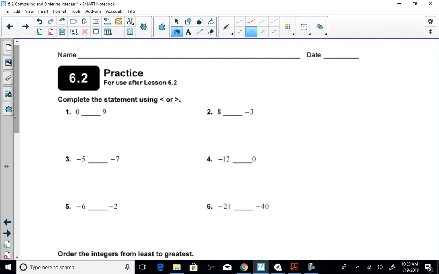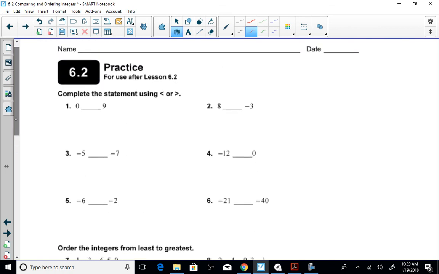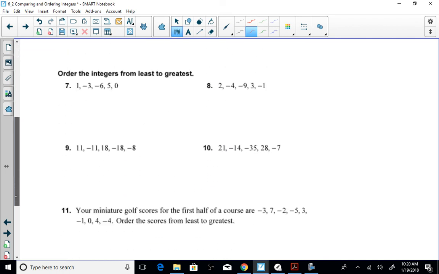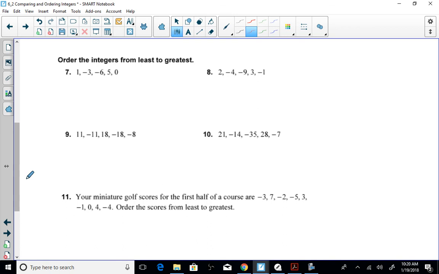Now the last page I'd like for you guys to work on are the practice problems. You're going to practice 6.2, problems 1, 2, 3, 4, 5, and 6. And then you guys would do problems 7, 8, 9, 10, and 11.